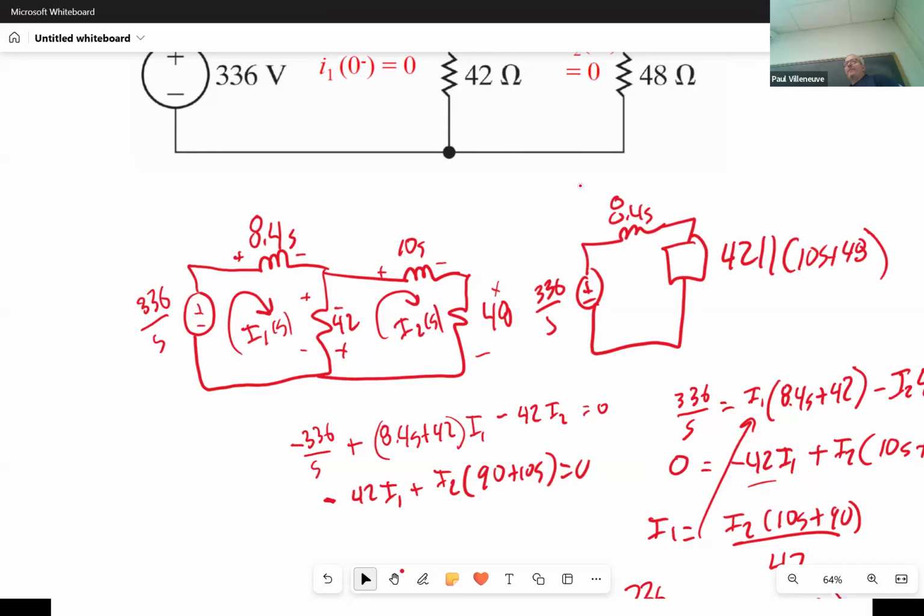It's just a resistor. So now I can do voltage divider if I wanted to. So you can see, sometimes it's just faster and easier to combine things. All right. Any questions on what I did? I just did voltage divider. I just did a series parallel combination, which in the Laplace domain we'll call resistors for lack of a better term. And we can get our results.